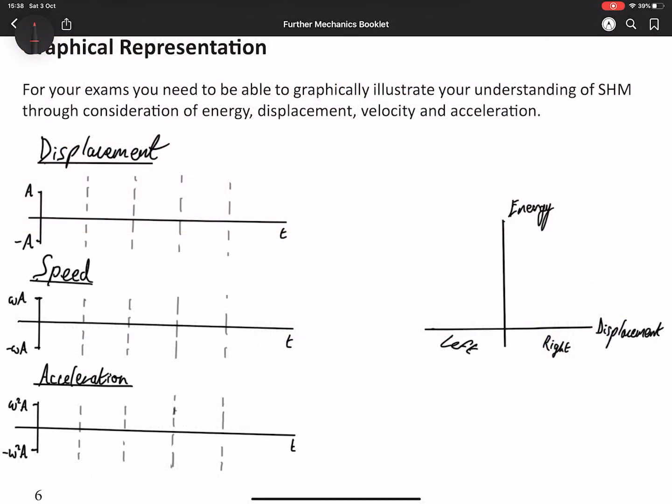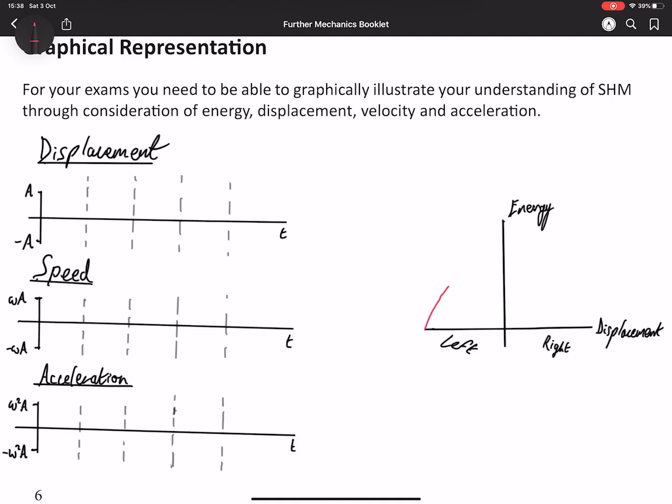Now, in the exam, you're expected to be able to sketch and recognize several graphs. Now, 3 of these, the motion-based ones, are all linked together. But the energy one is much simpler. And it's in fact something you've basically done from GCSE level.